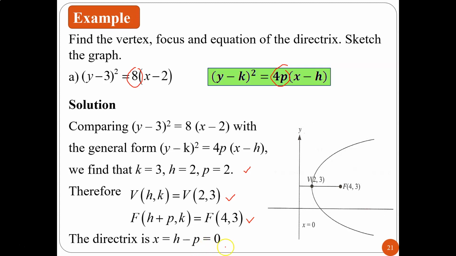So it becomes 0. So actually, as you can see, the directrix is equal to this one, x equal to 0. This is your directrix. And this is your vertex and focus.